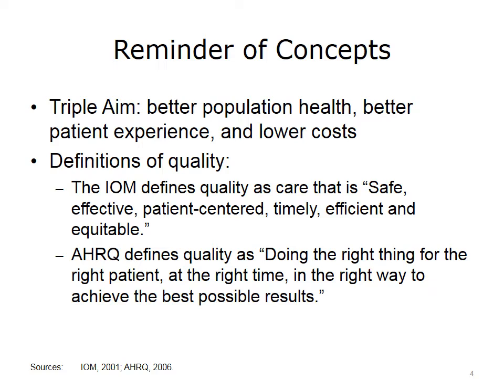As the IOM and AHRQ definitions reflect, quality is about getting patients the care they need. The problems in quality often are broken down into the categories of overuse, underuse, and misuse. Overuse means that a patient gets services that don't provide a benefit, or where the harm is greater than the benefit.